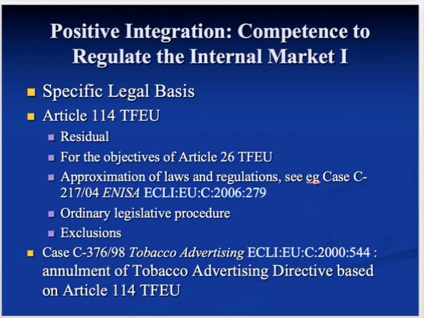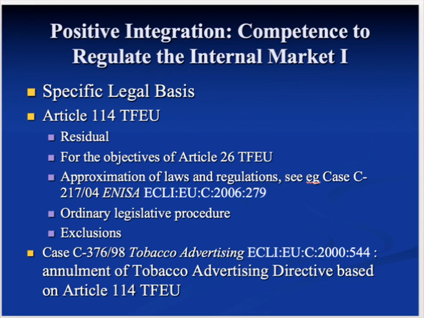Okay, so let's have a look at Article 26. What are the objectives that are set out in Article 26? So Article 26 says, the Union shall adopt measures with the aim of establishing or ensuring the functioning of the internal market in accordance with the relevant provisions of the treaties.